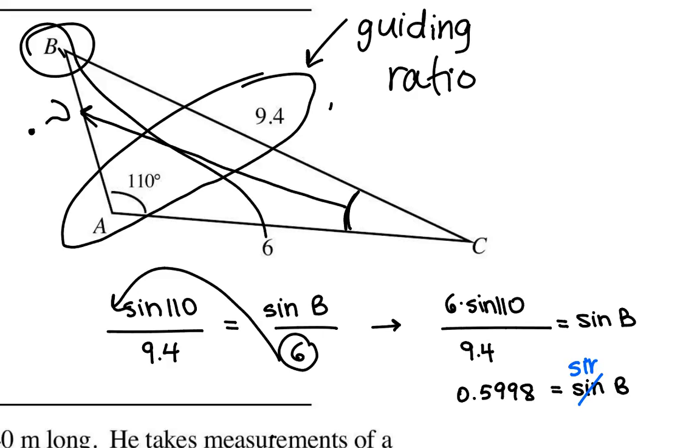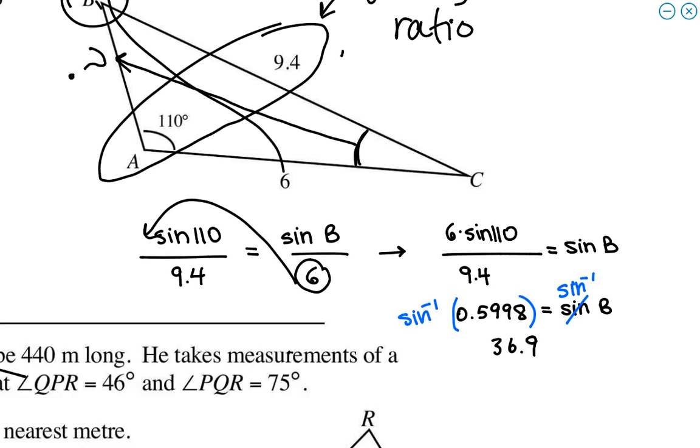Good. Sine minus 1 thing. Inverse sine. Inverse sine of that answer, and I get 36.9 degrees. You guys okay with that?